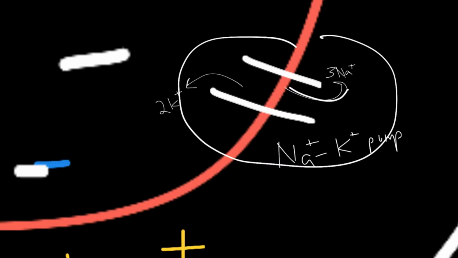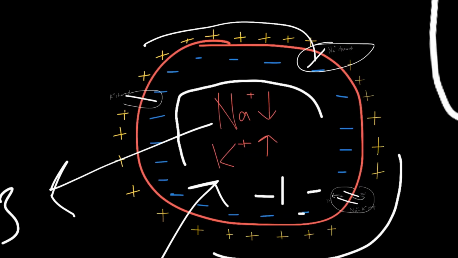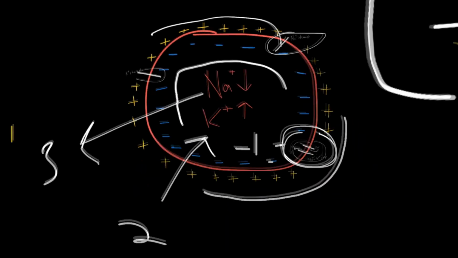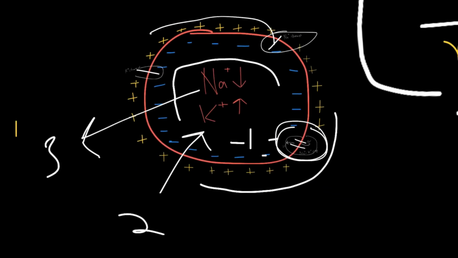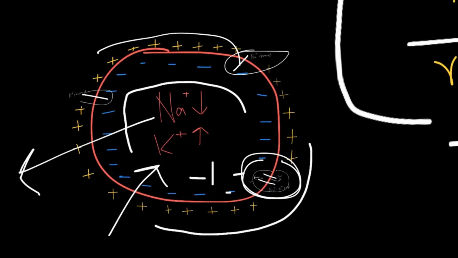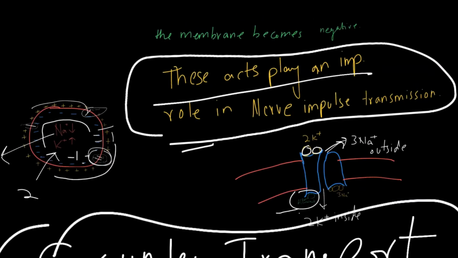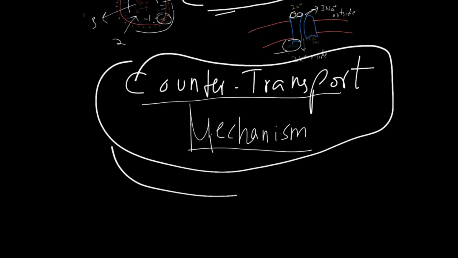So 3 are going out, 2 are coming in, and the transport here is taking place on its own, but right here the transport is taking place together of both the ions, right? So there is a net loss of positive ions to the outside, so the internal membrane becomes negative and the external membrane becomes positive, and this is important in nerve impulse transmission, and this is known as a counter transport mechanism.